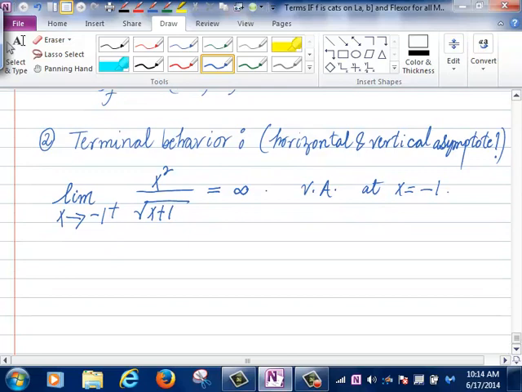Okay, now I also want to know what is happening at infinity, right? So I take the limit as x goes to infinity of x squared over the root of x plus 1. What is this limit?